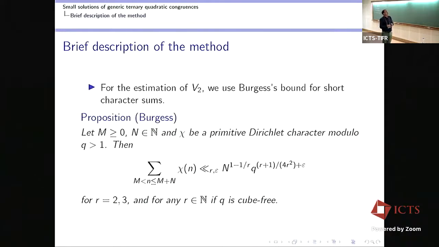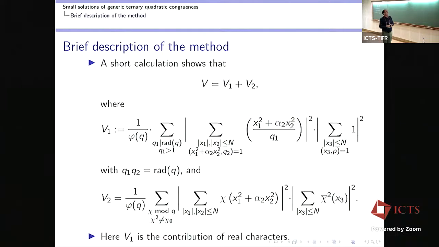Important is what are we using for these estimates? Here it's natural to use the Burgess bound. Then we get rid of this factor, and we are just left with that sum, which we can multiply out, and we can easily count, so that leads to a counting problem after applying orthogonality relations for characters. And that counting problem is not difficult.